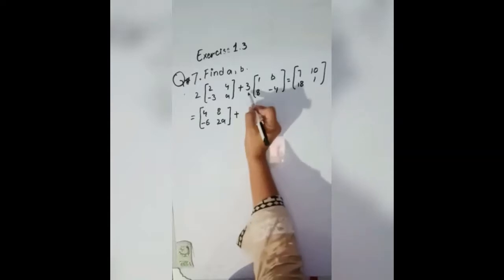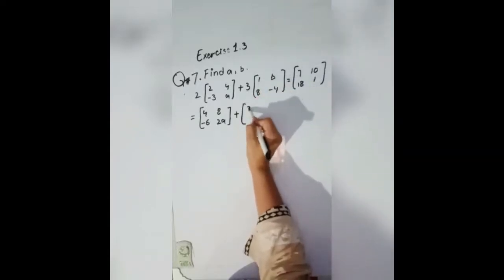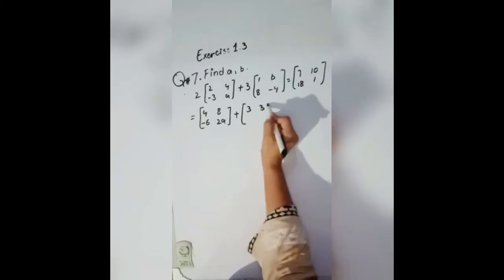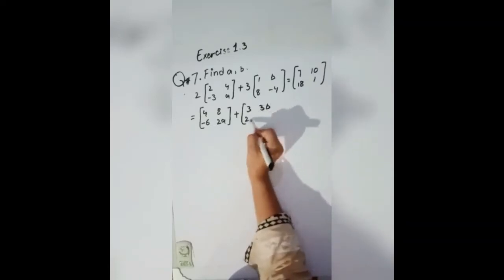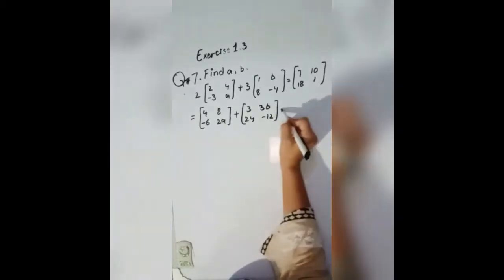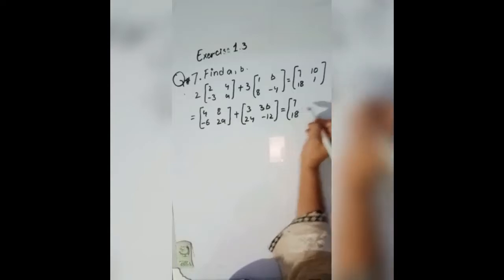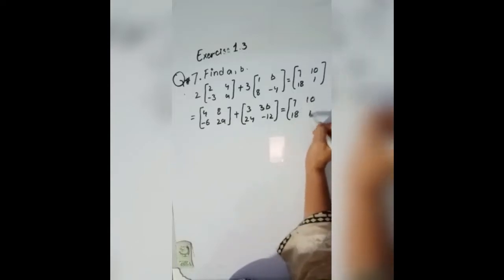Plus we have to multiply 3 with all the entries. 3, 3b, 24, -12 is equal to 7, 18, 10 and 1.